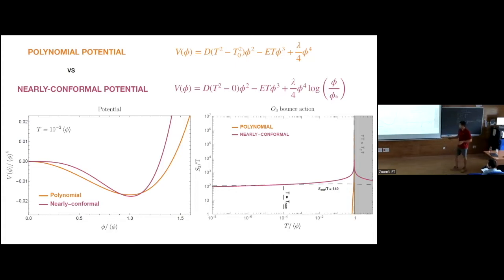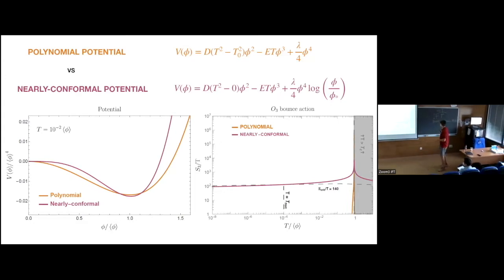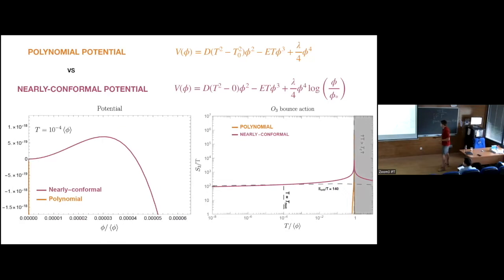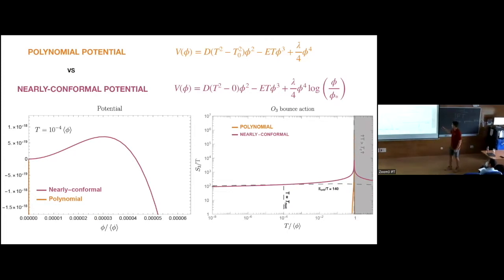So let's compare. The first comment is that the bounce action decreases very slowly with temperature. For polynomial potentials, the bounce action was decreasing as a polynomial with temperature, and now with this nearly conformal potential, the bounce action decreases logarithmically with the temperature.